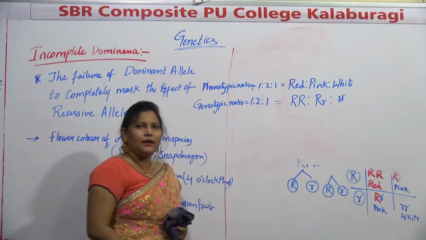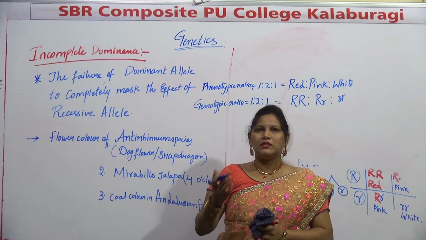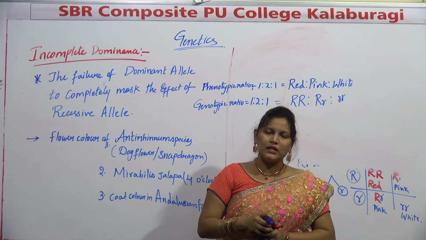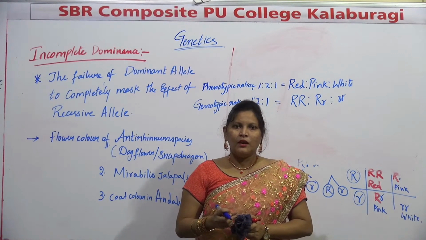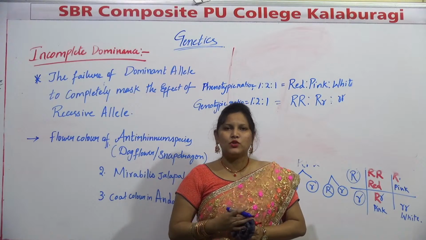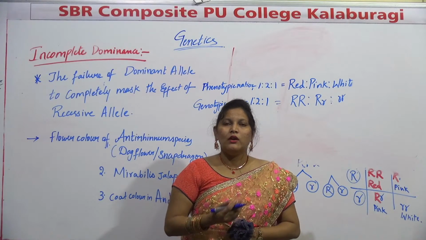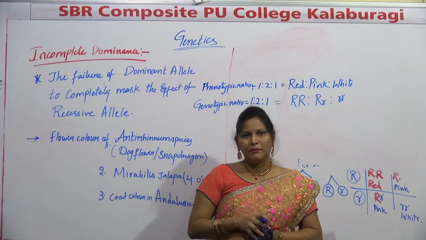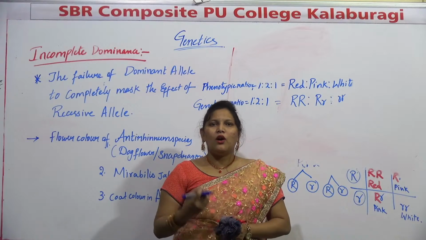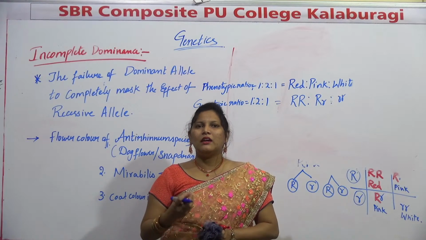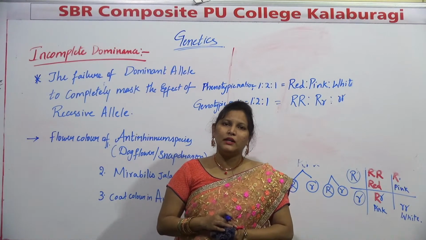According to Mendel's law of dominance, or according to Mendel's monohybrid cross inferences, the phenotypic ratio should be 3:1. But here, in case of incomplete dominance, the phenotypic ratio is 1:2:1, which is a deviation from Mendel's laws. And one more thing, according to Mendelian law of dominance, the F1 individual should resemble the character of their dominant parent.